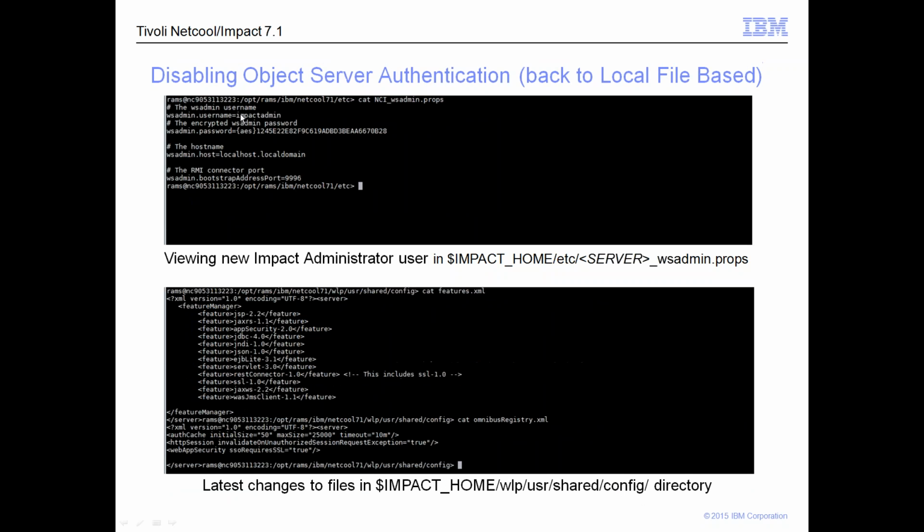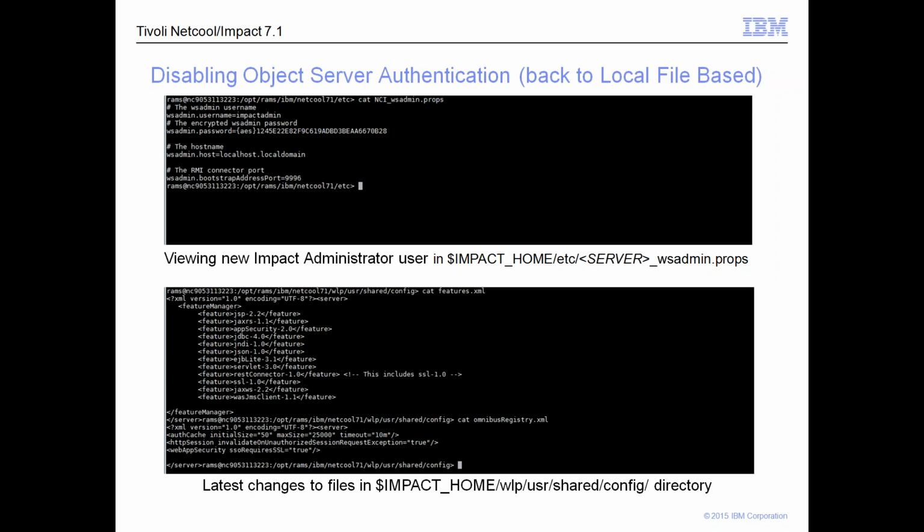We can verify, again, the new users in the WAS admin props file, and that'll be the new impact administrative user. Now that user should already have information stored in Liberty, so you probably don't have to re-add the roles for this user unless you never installed local file base.